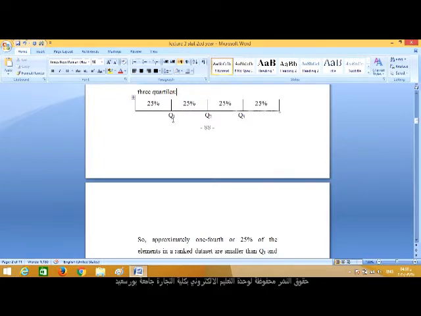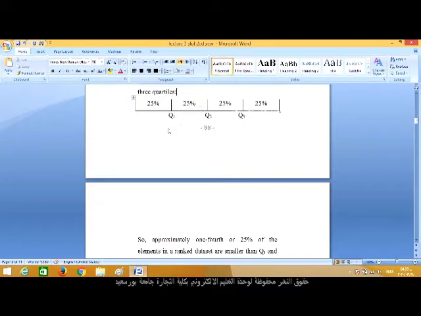So here Q1, Q2, Q3. First, Q2 is the median. So Q2 divides the data set into two equal parts: 50% larger than Q2 and 50% smaller than Q2.